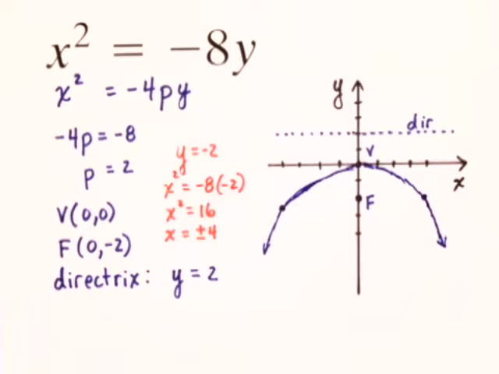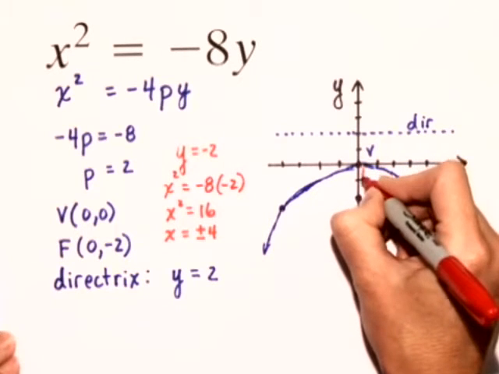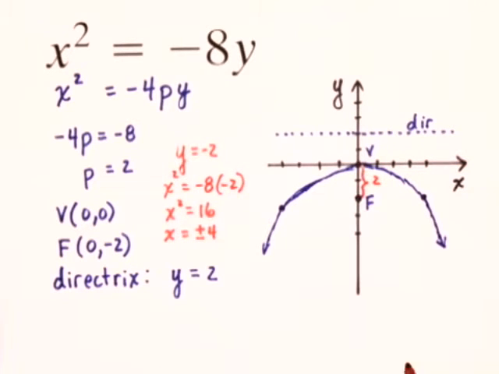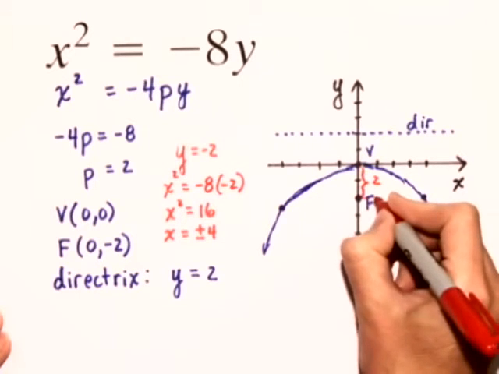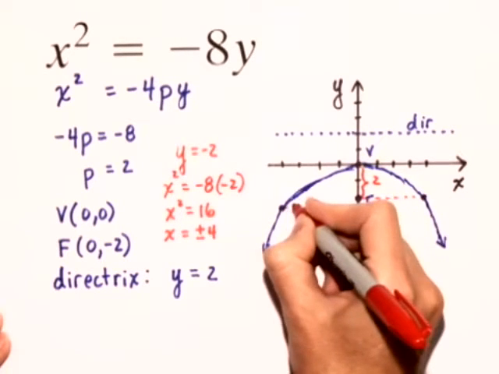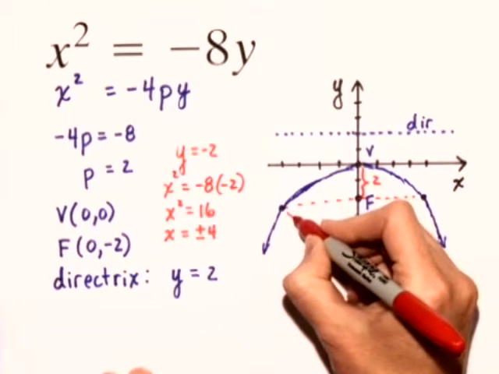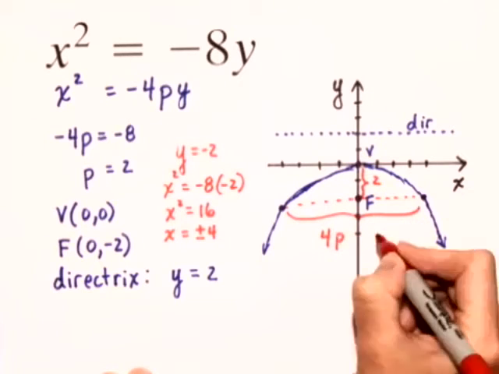Now here's a trick that you can use when you graph parabolas. Once you find the distance from the vertex to the focus, in this case we found p was equal to 2, the opening through the focus to the parabola will always be a total distance of 4 times p.